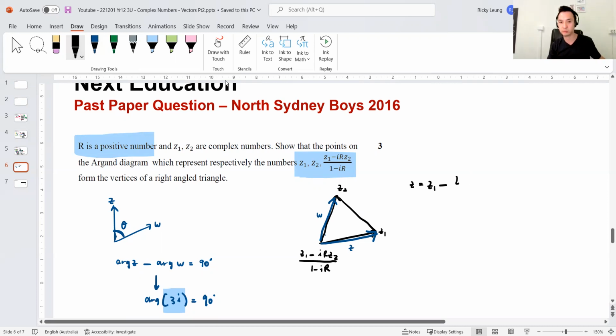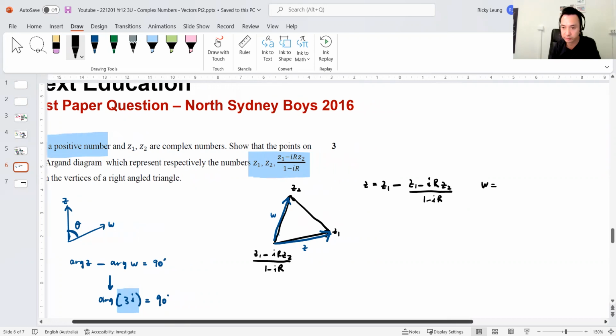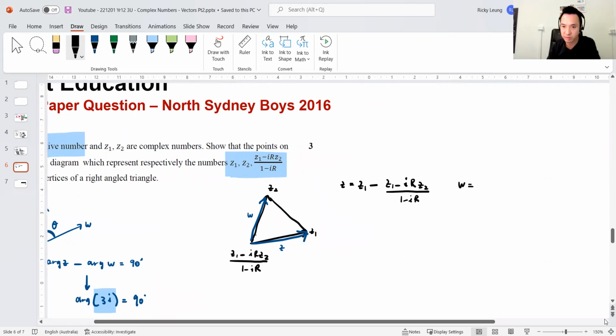Z equals Z1 minus IR Z2 all over 1 minus IR, right, as always. So this vector here is that minus that, right? While W equals the same thing, but Z2 minus 1 minus IR Z2 all over 1 minus IR.